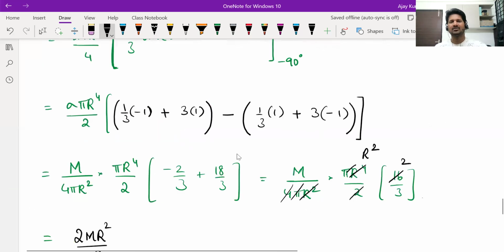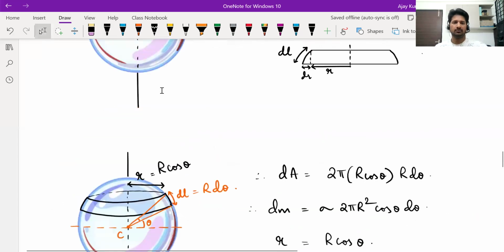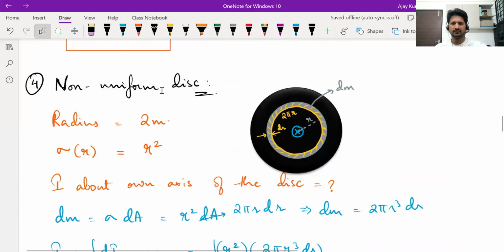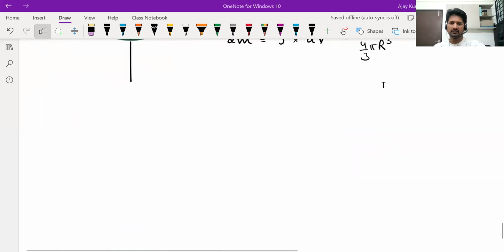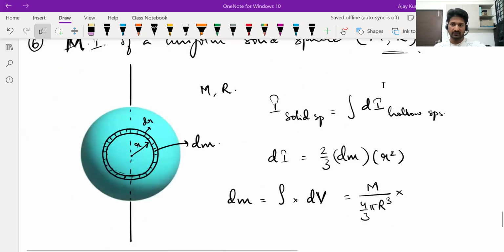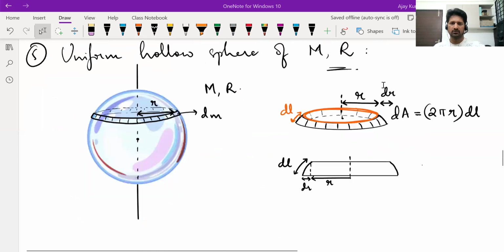Yeah, one of you unmuted, you can tell. So the shell is hollow, so we can't write its volume. No, it has some thickness. Because if you don't consider thickness dr, then how will you build a full sphere out of it? Okay, full solid sphere is a collection of thick hollow spheres. Okay, some thickness dr it has.